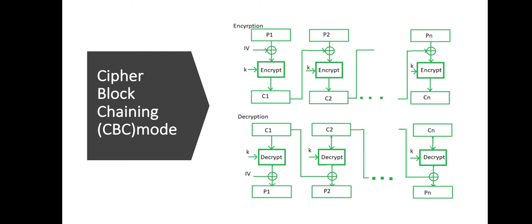Same for the decryption, we are taking ciphertext, performing decryption with the key, then taking the initialization vector and performing XOR, and then we get the plain text. One thing to notice here is that we are using the initialization vector for the first encryption as well as the first decryption.